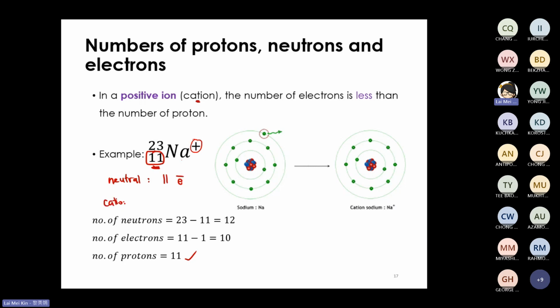But in my cation, what does the +1 charge mean? 1 electron is being removed. So from 11 electrons, I minus 1 electron. That's the meaning of positive charge. So I have 10 electrons left. Number of neutrons is still the same, nucleon minus proton, you have 12.